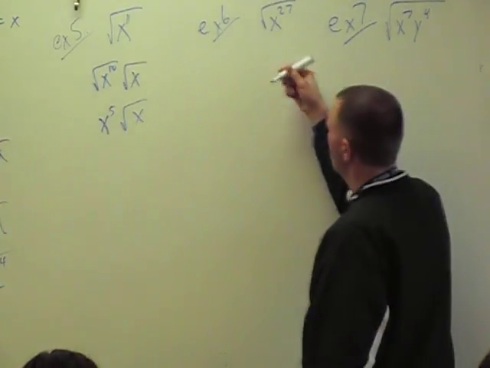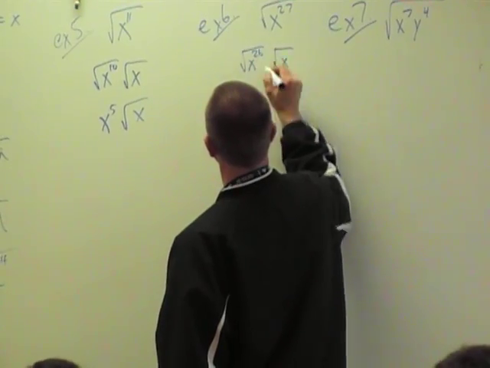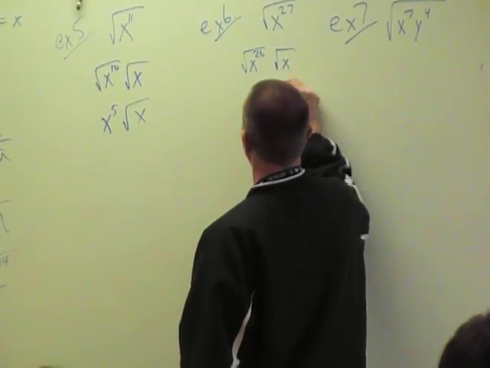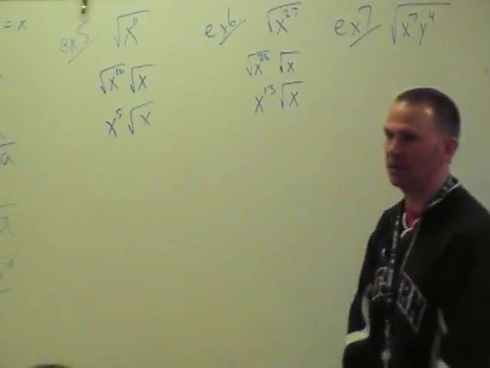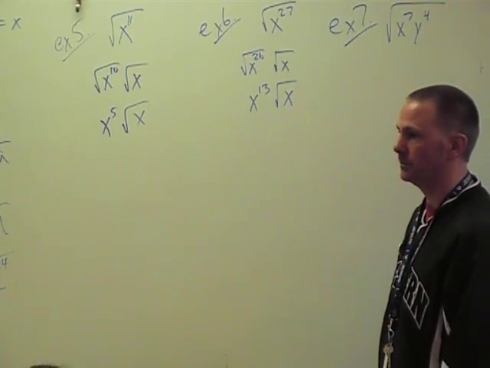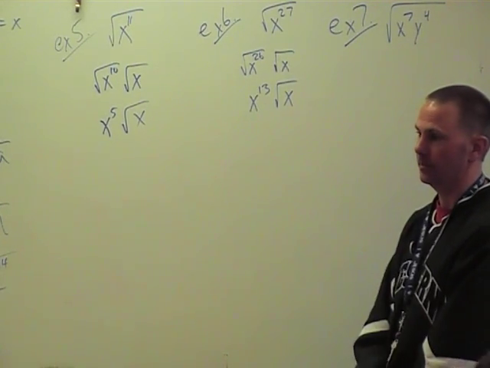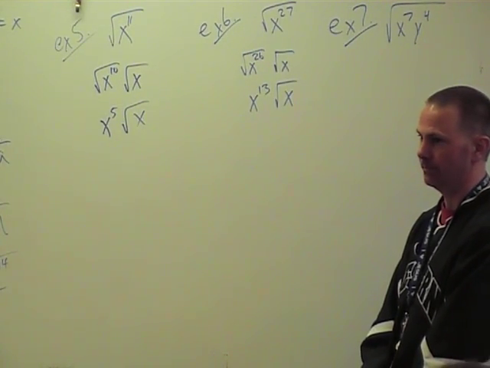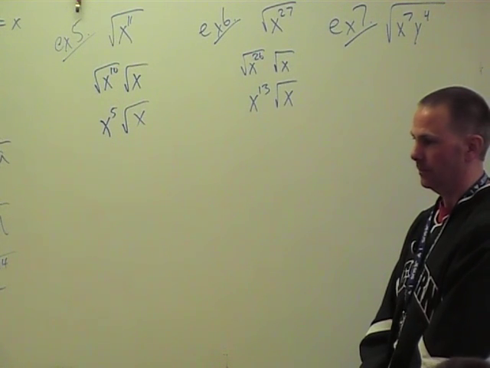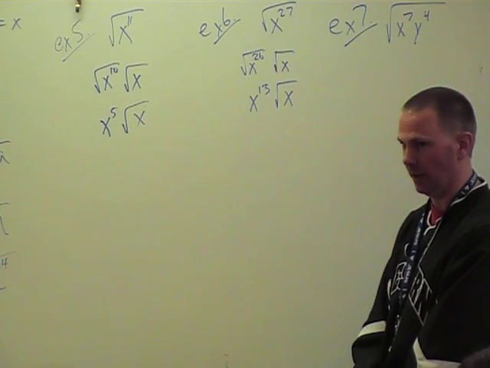Okay. This one, again, I just take an x to the first, that's x to the 26th, that's x to the 13th times the square root of x. We got that one right. Okay, I'll give you a second to finish this one. Make sure you understand when you have a radical and when you don't have a radical.